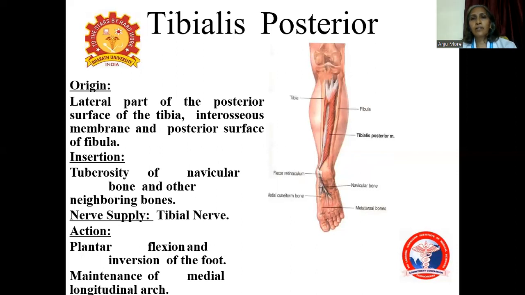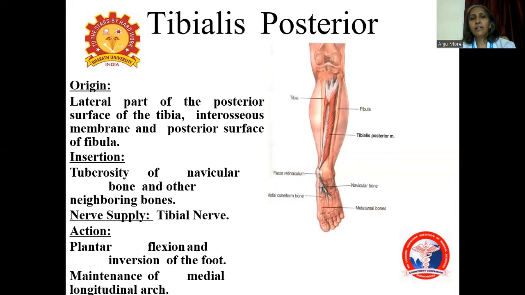The next muscle is tibialis posterior. The tibialis posterior is the deepest muscle as it is deeper to the flexor hallucis longus and flexor digitorum longus as well. So the muscle originates from lateral part of posterior surface of tibia, interosseous membrane and posterior surface of fibula.